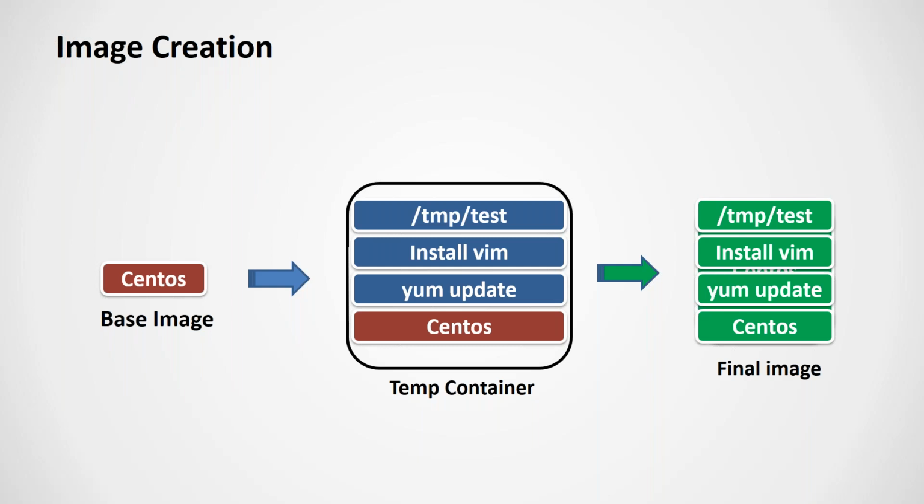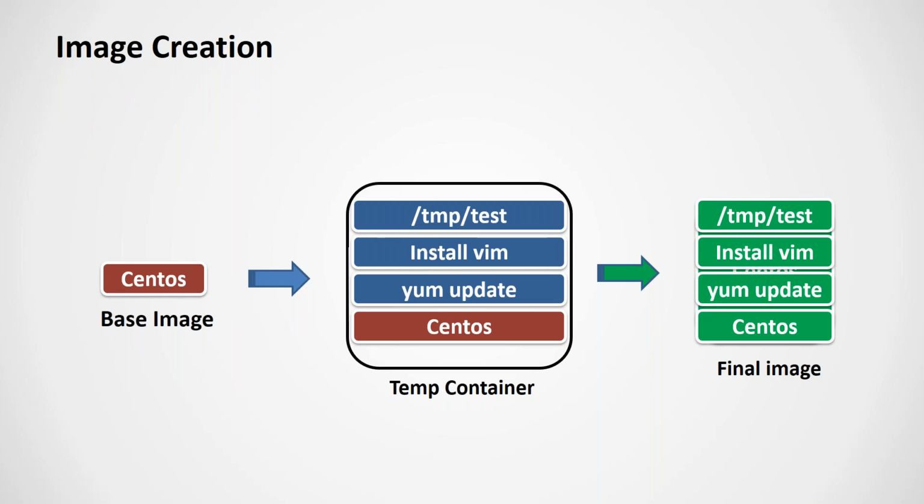So this is how, if you want to create your own image, then you need to first take a base image and create a temporary container, and then put all the steps that you want, all the files that you want, and then create an image from this, and this will be your final image. And like this, whatever you have seen as Ubuntu or CentOS or Nginx, typically as you move forward in your organization, you are also going to do the same.